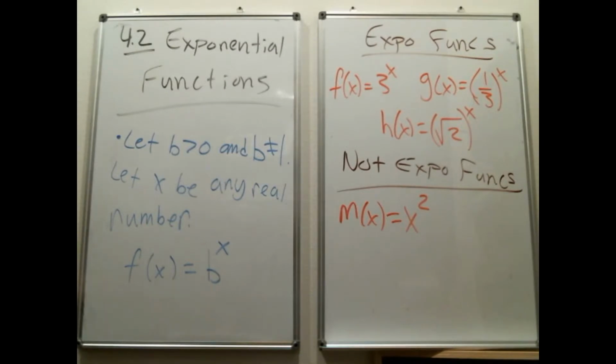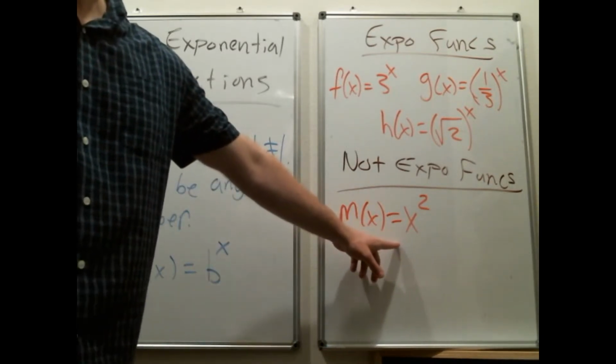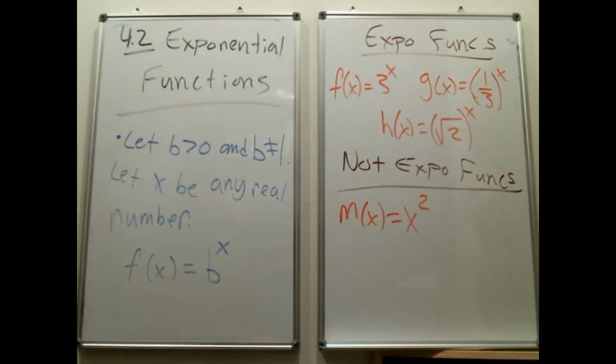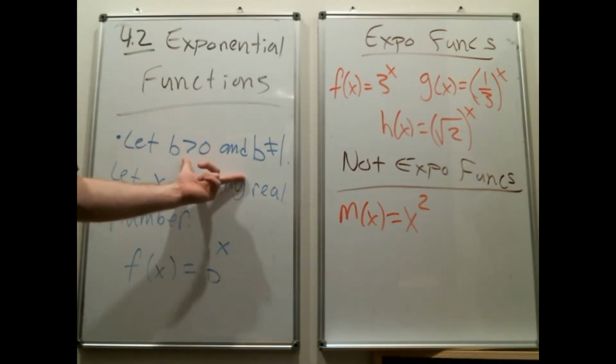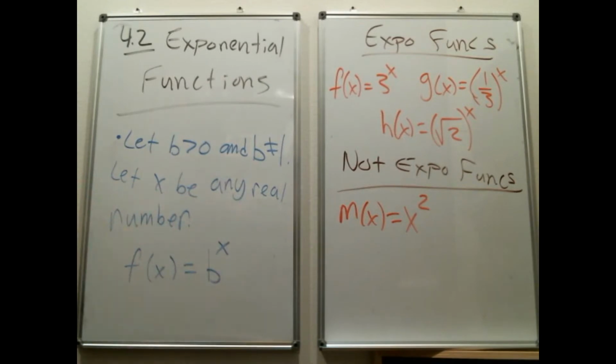So first you need to look at your base, and is it greater than 0 and not equal to 1? Well, here our base is x, and that's our variable. So it can be any number we want it to be. It could be 0, it could be -10, it could be 1. So that violates our base rule here. It cannot be an exponential function.